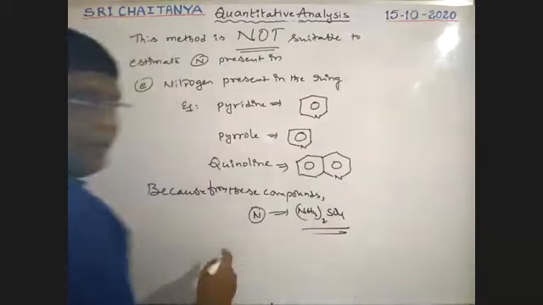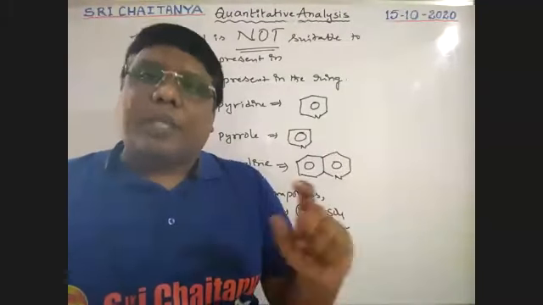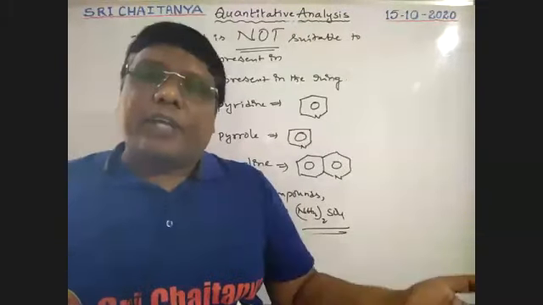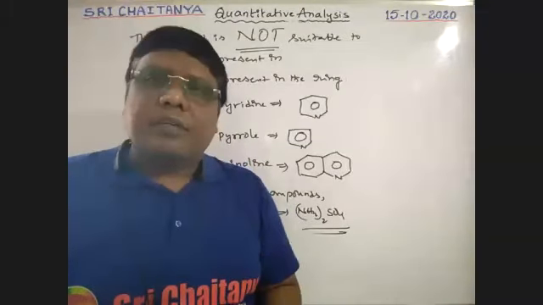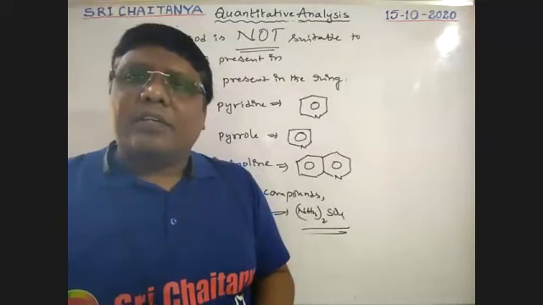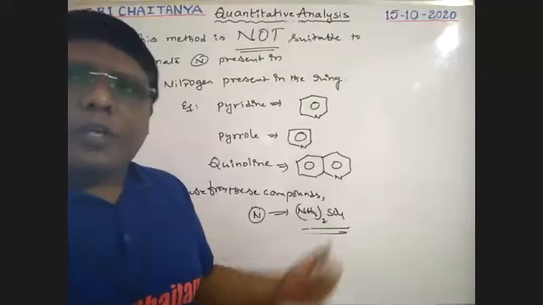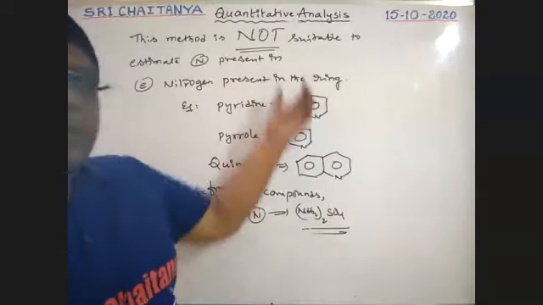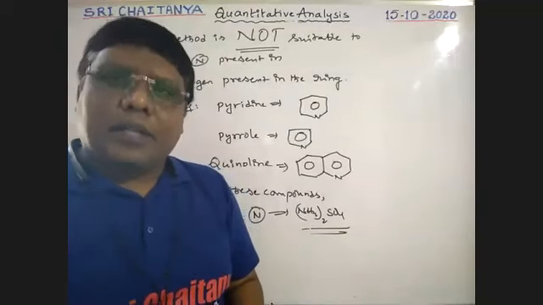At the beginning, the nitrogen present in the organic compound is first converted into ammonium sulfate, then into ammonia. If ammonium sulfate is not possible, ammonia is also not possible. By using ammonia we estimate the nitrogen percentage. Because of this reason, these compounds are not estimated by Kjeldahl's method for nitrogen.